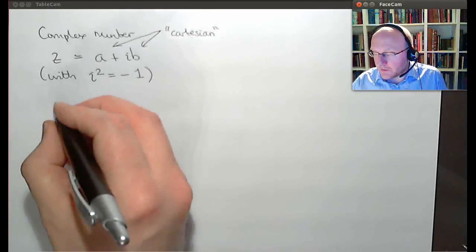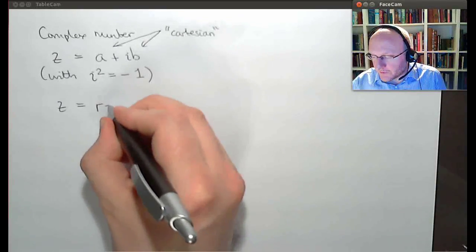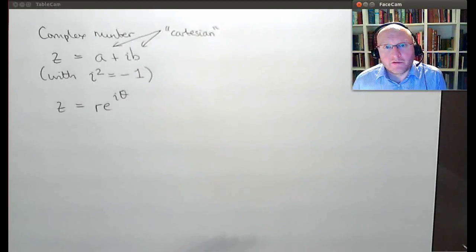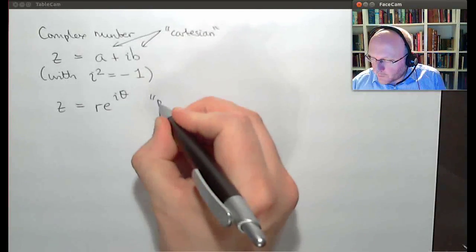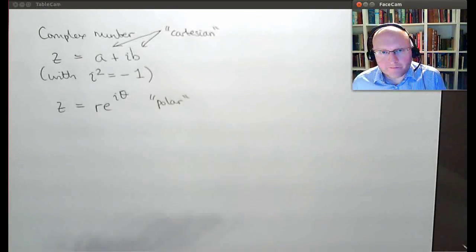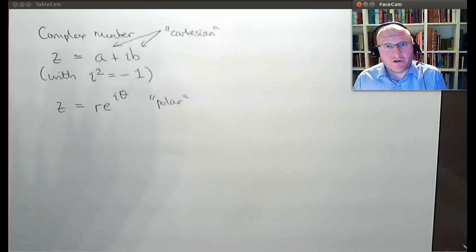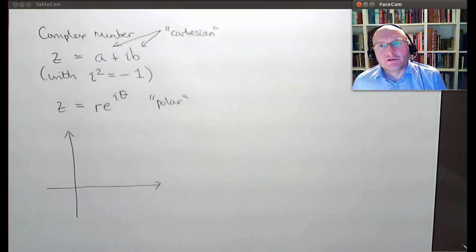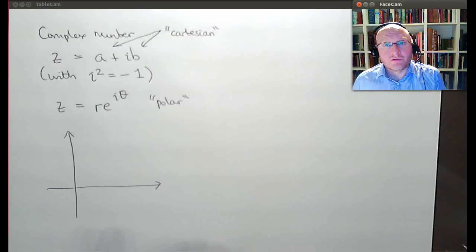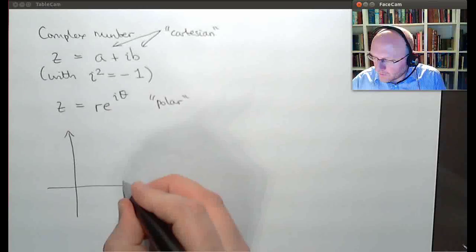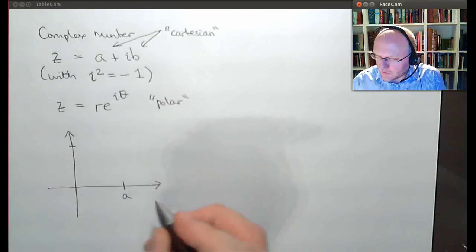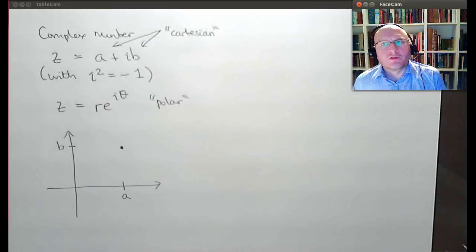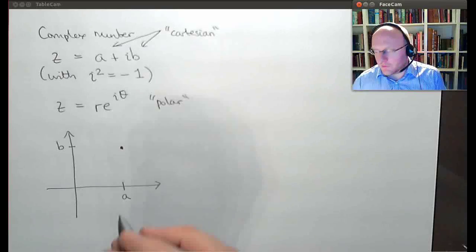But there is an alternative way of writing down the same complex number, and that's in this form: z equals re to the i theta. This is called the polar representation. And these two representations are connected together by a graphical representation for complex numbers as points on a two-dimensional plane. So I can represent the complex number z by showing the point on the plane located at coordinates a and b in Cartesian coordinates.